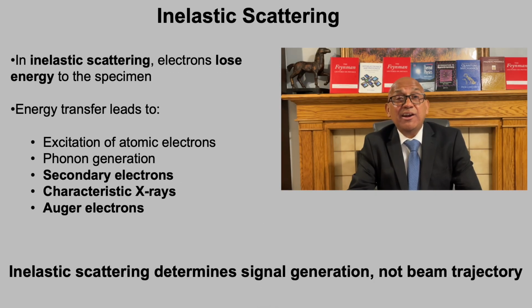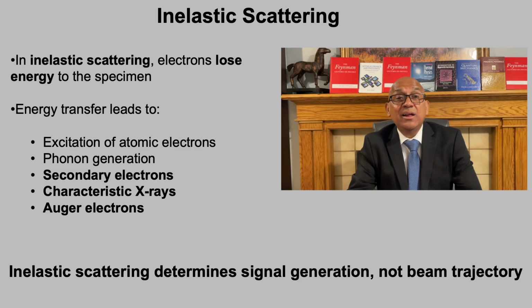In inelastic scattering, incident electrons transfer part of their energy to the specimen. During this process, the electron loses energy to the material rather than simply changing direction. This energy transfer can excite atomic electrons, leading to the emission of secondary electrons from very near the surface. If inner shell electrons are ionized, the subsequent relaxation of the atom produces characteristic X-rays.